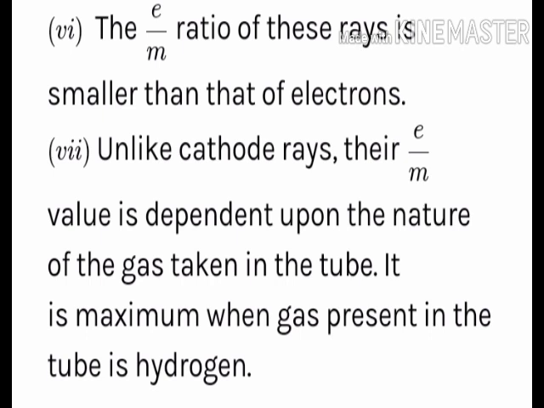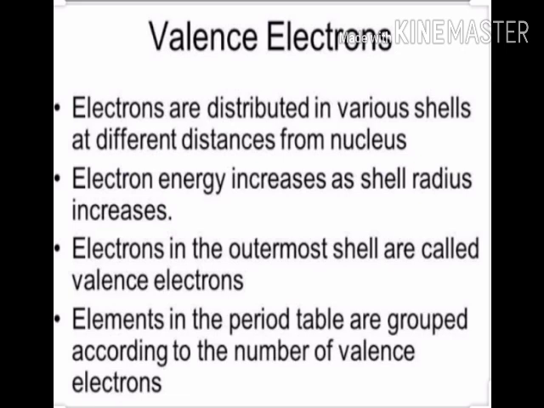Now moving on to valence electrons. Electrons are distributed in various shells at different distances from the nucleus. Electron energy increases as the shell radius increases. Electrons in the outermost shell are called valence electrons.